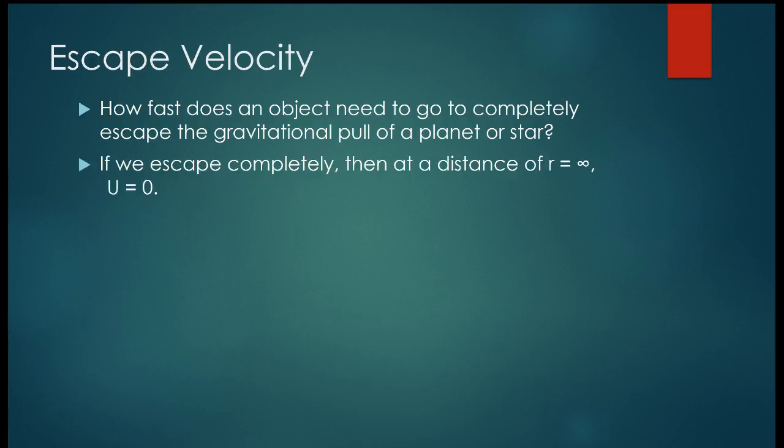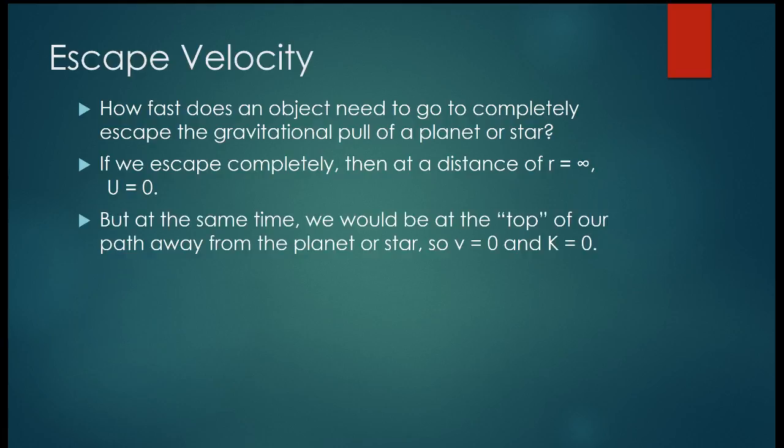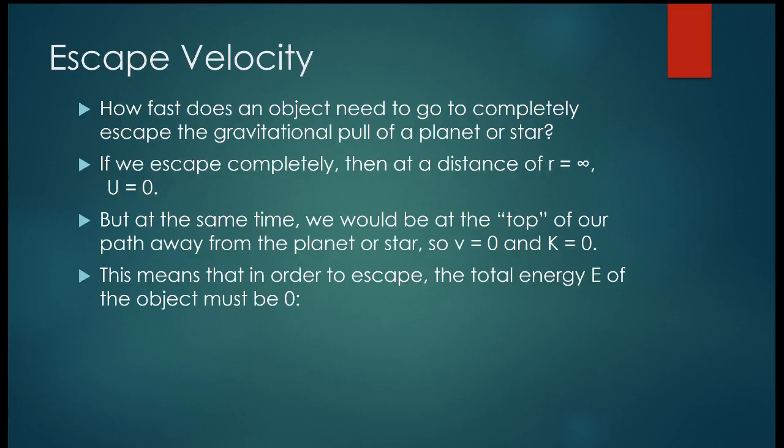Well, if we escape completely, then at an infinite distance we have no potential energy, and at the same time we would be at the top of our path. It's like if you throw a ball into the air and it's slowing down and coming to a stop. So the velocity would be zero and the kinetic energy would also be zero. So the total energy of the object has to be zero. E equals U plus K, which equals zero.